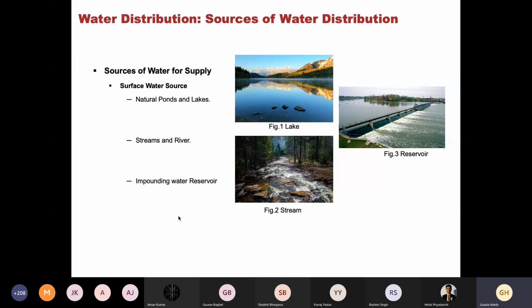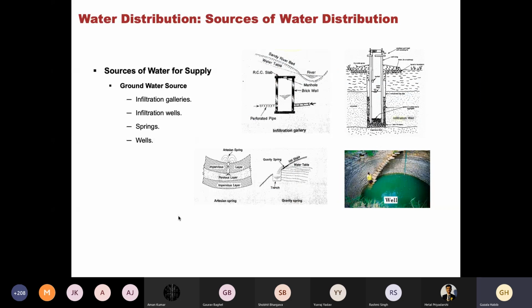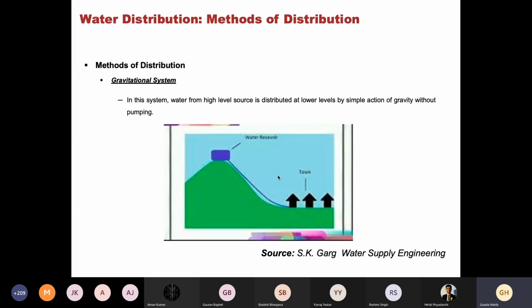What sources of water is all clear. We talked about that in the first class also when we started the characteristics of water. So groundwater system, that is infiltration galleries, infiltration wells, spring wells, all this type of wells are given here. That is another source of water.